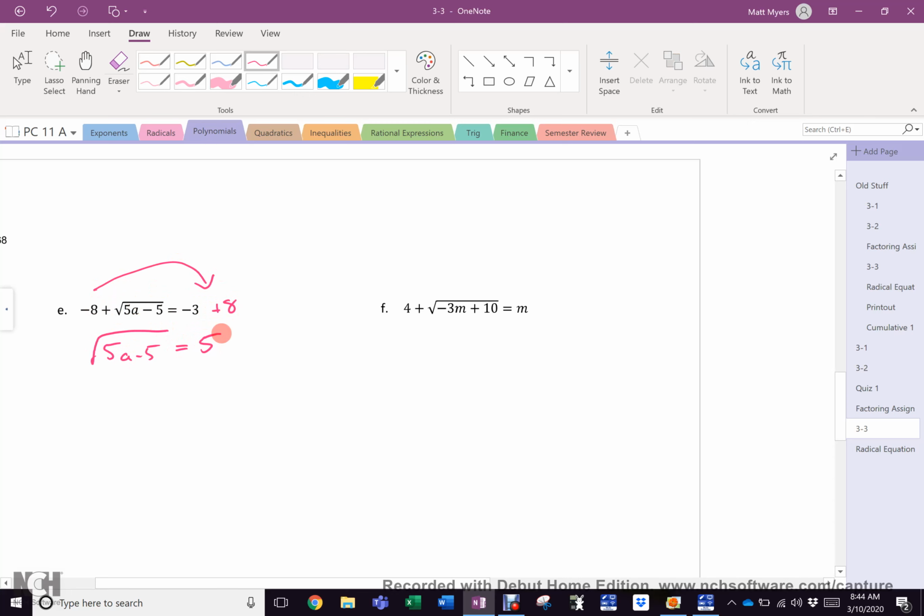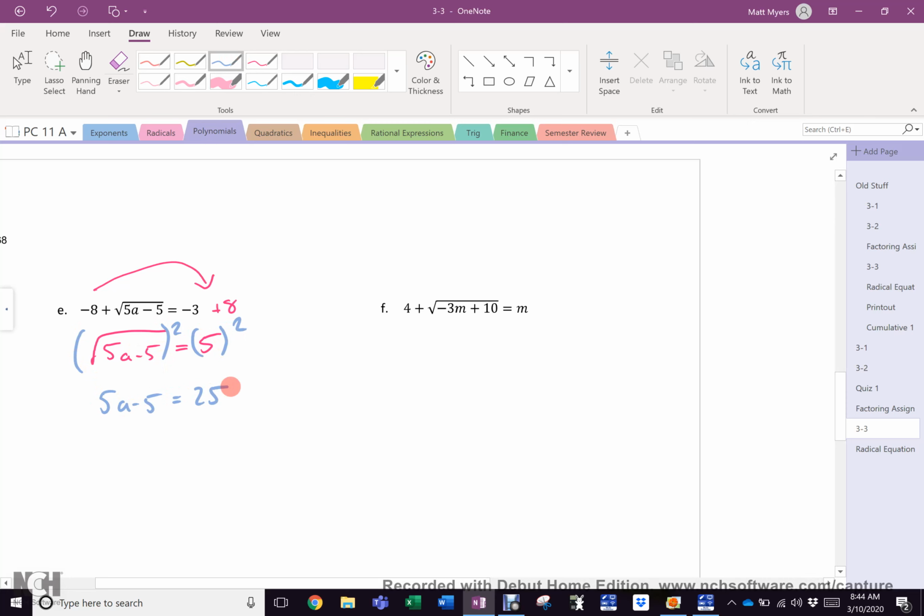Cool. Would anybody like to offer what they think the second move needs to be? Square. Square what? Both sides, because we want to get rid of that radical, yes? So let's square that, and I get 5a minus 5 equals 25. Agreed?